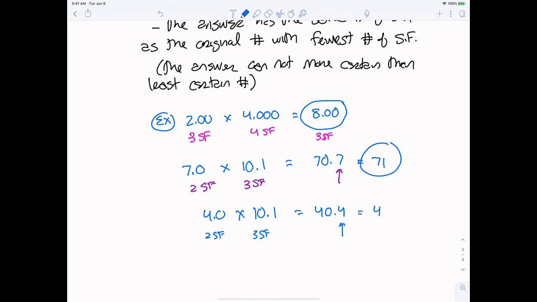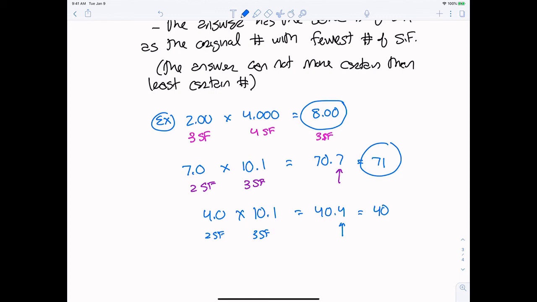But the problem is, if I just write 40, how many significant digits are in that number right now? There's no decimal point, so this is actually only 1 significant digit, and I want to have 2 in my answer. I have seen some texts and people do this and just put a decimal point with nothing after it. Don't do that, please. It might be fine in lower level classes, but it's actually not the proper way to write a number. It's just kind of saying, I want to do sig figs and I'm getting lazy.